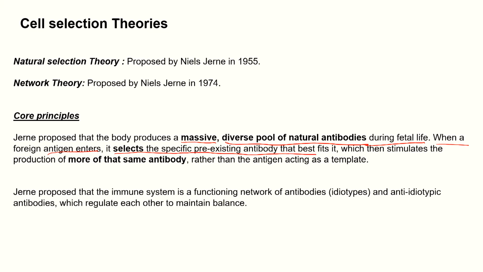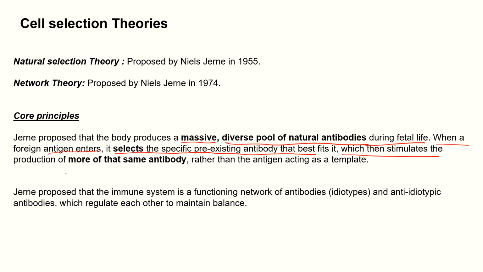That means suppose we have a pool of 100 antibodies existing in fetal life, and out of those 100, one or two may fit the antigen entering the body. Based on that fit model, that particular cell is selected, and it will start stimulating the production of that kind of antibody to a larger extent.